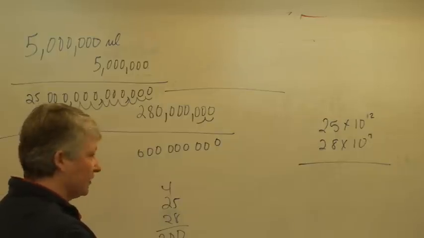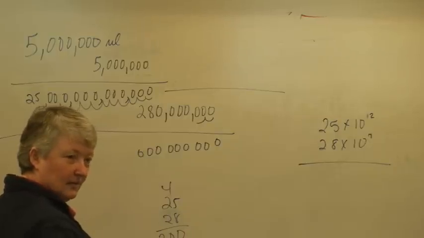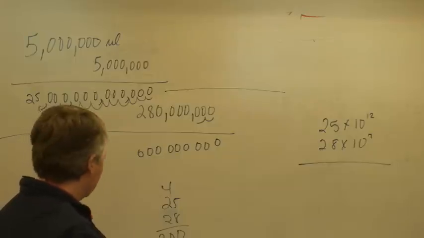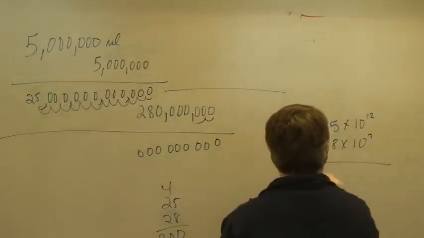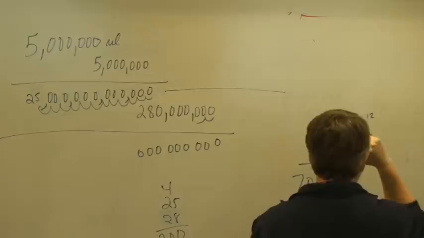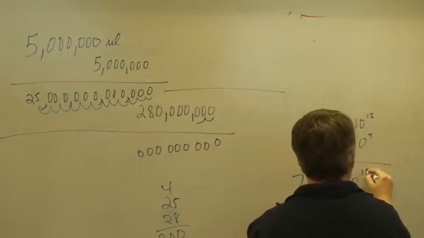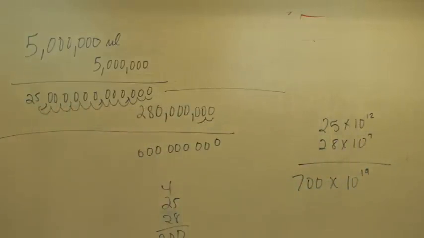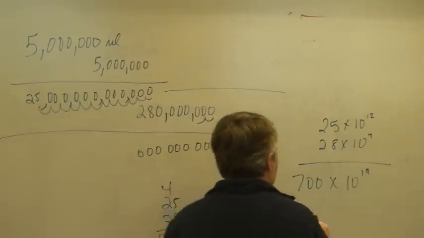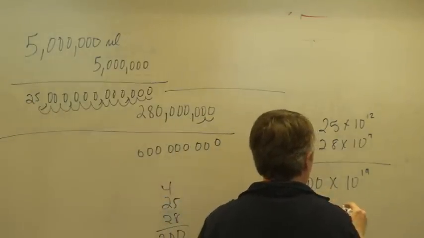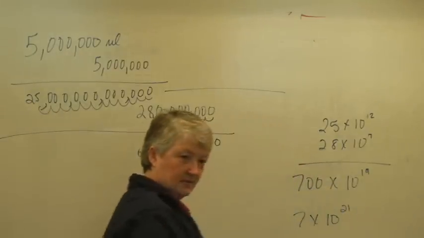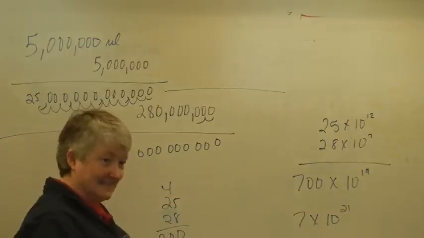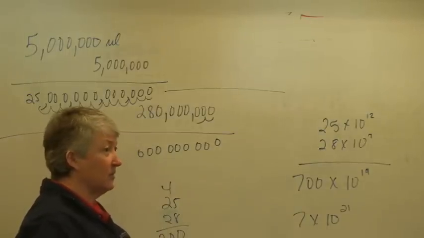That's scary. I did it faster on the board than on the calculator. And I did it right. That's really weird. All right, so that would be 700 times 10 to the, what do you add those together? Add the exponents together? It's been a long time since I've done higher math. All right, so 7 times 10 to the 21st, right? Check me on your paper. Y'all know I'm bad at math.